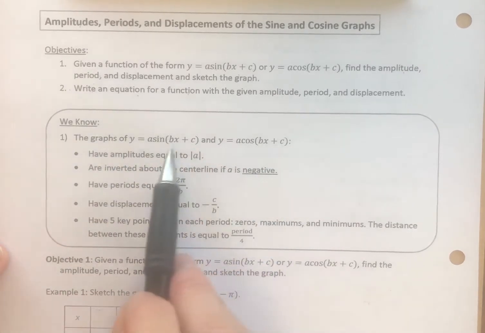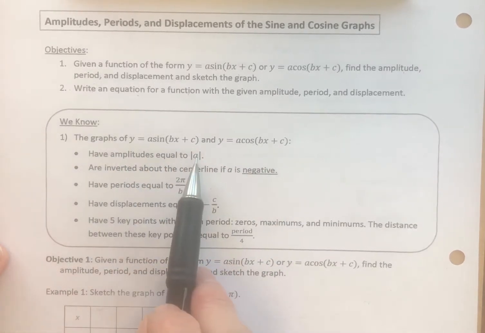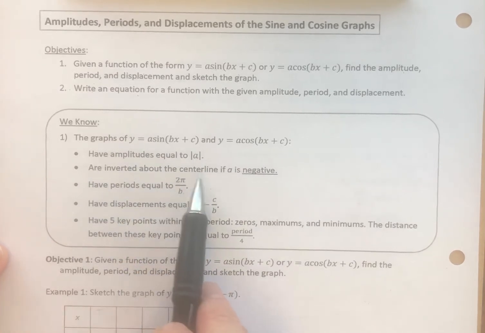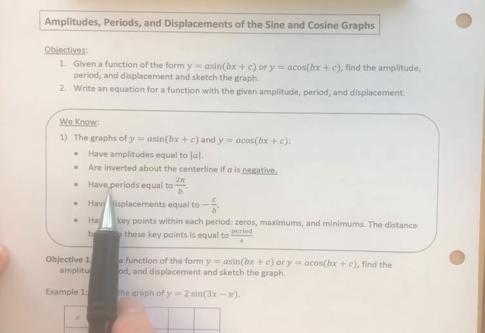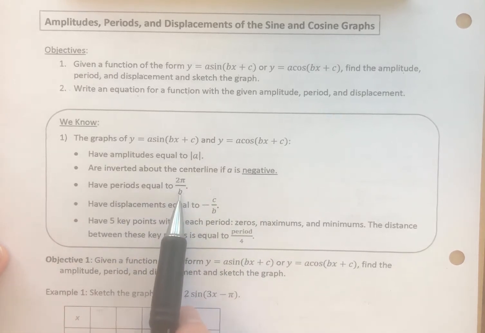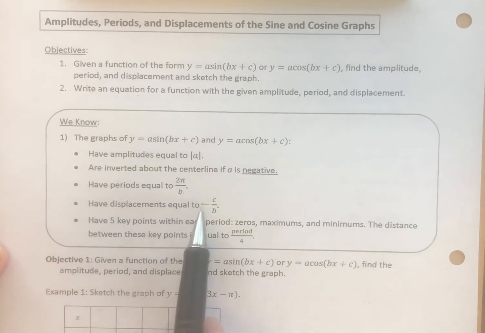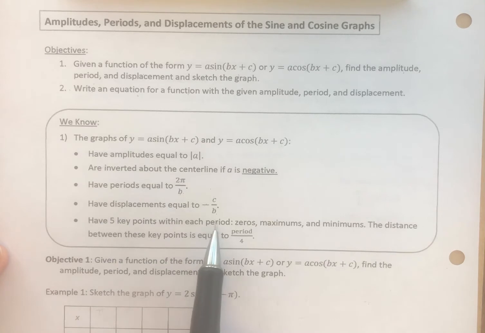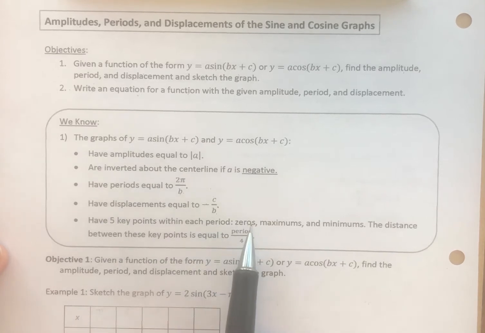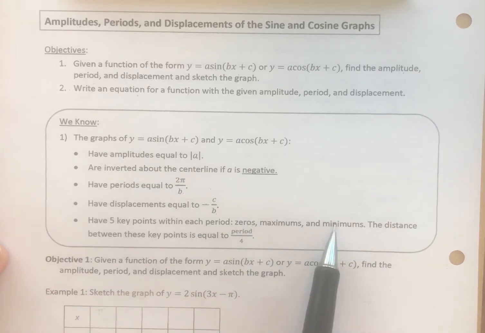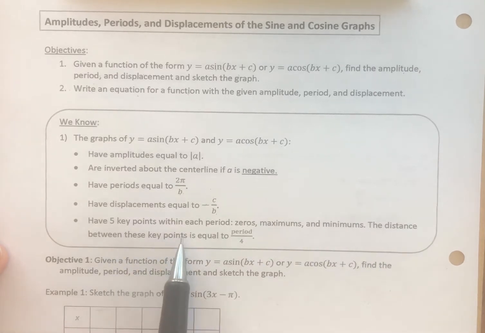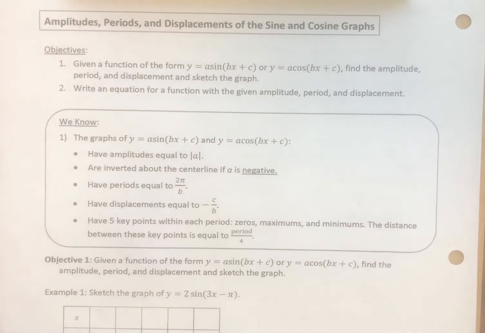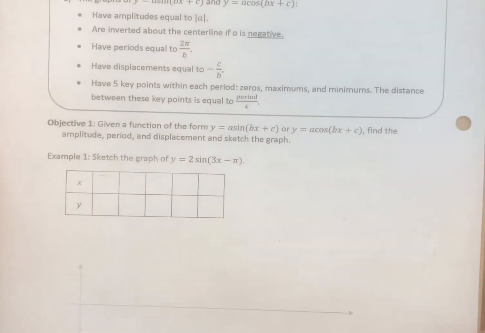These graphs have amplitudes equal to the absolute value of A, are inverted about the center line if A is negative, have periods equal to 2 pi over B, have displacements equal to the opposite of C over B, and have 5 key points within each period. Those key points are zeros, maximums, and minimums, and the distance between these key points is equal to the period divided by 4. All right, let's do some examples and see how this works.